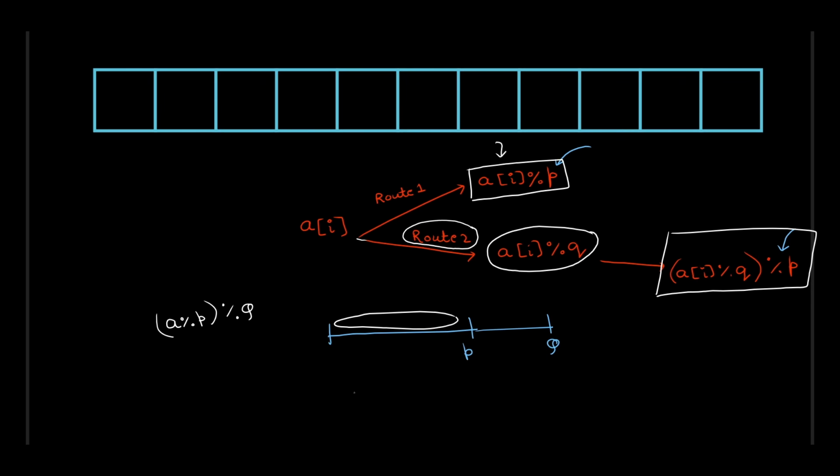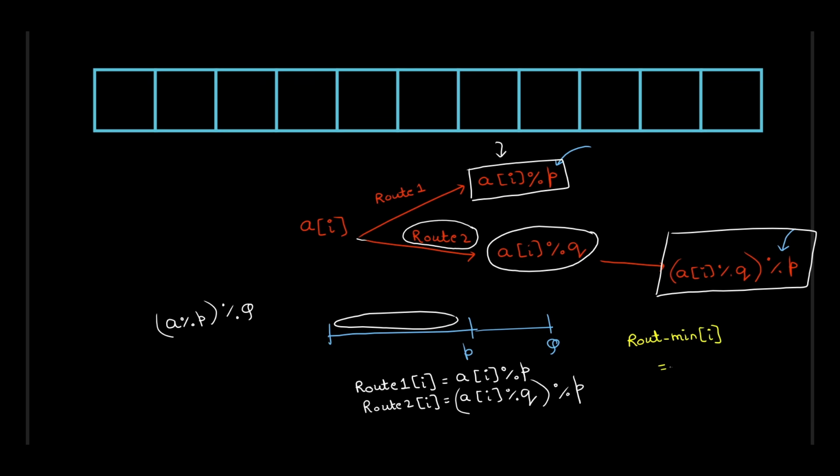So let's define two arrays. We'll define the route1 array, route1 of i is equal to Ai modulo P. And we'll define route2 of i as Ai modulo Q and then modulo P. And then finally you define routeMin of i is equal to the minimum of route1 of i and route2 of i.